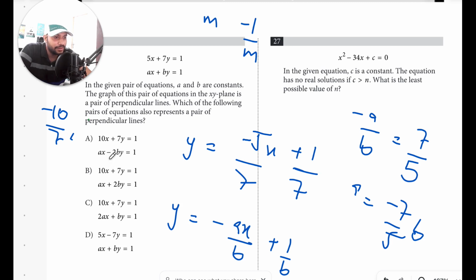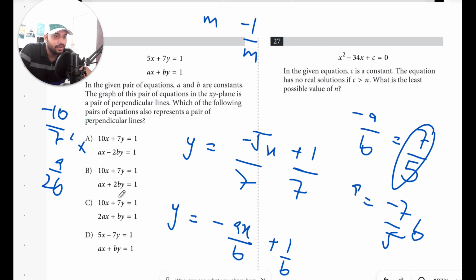What do we get for the next one? The slope for the second equation would be a over 2b. A over b is negative 7 over 5, we know from here. So a over 2b would be negative 7 over 10. The product is not coming out to be negative 1. It's coming out to be just 1, because negative signs cancel. So this option is wrong.